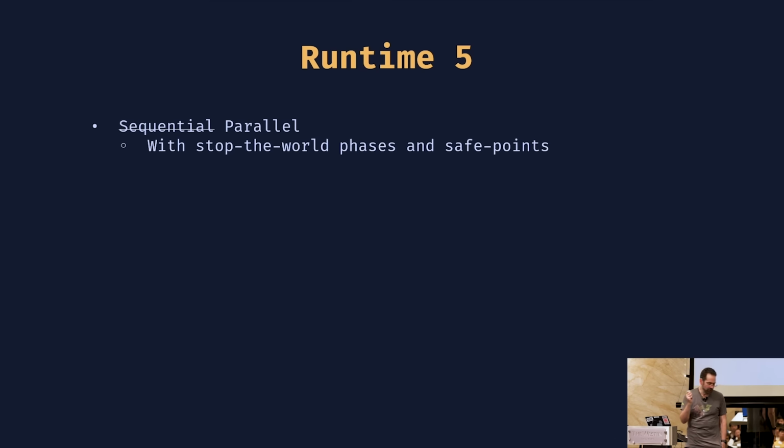But an important thing to know about this collector is it has a couple of different stop the world phases where all of the different threads of execution that are running, and you basically have one thread of execution per core on your system, all have to check in together to do something. And there are different things at different spots where they need to do that. To make sure that happens, you have to make sure that the individual threads of execution will pretty frequently be able to stop and safely checkpoint their behavior and check in and maybe do something else.